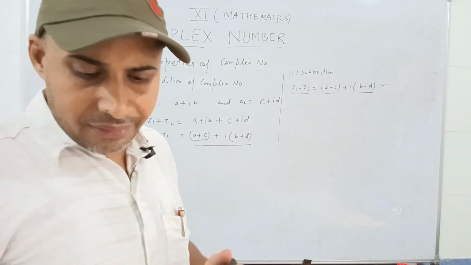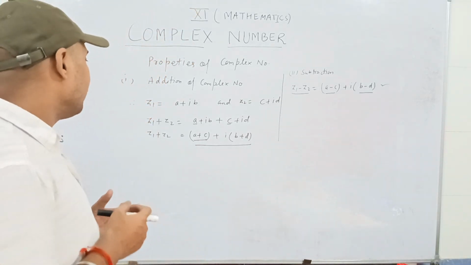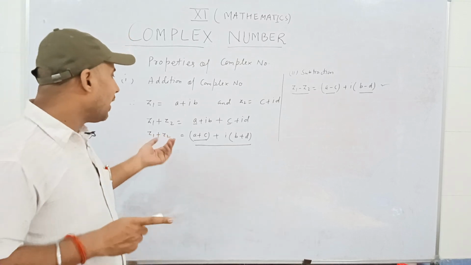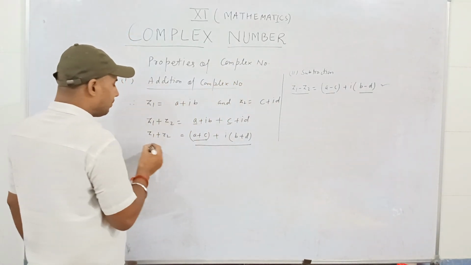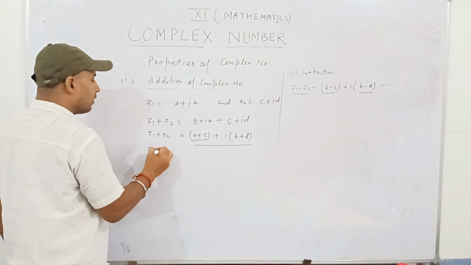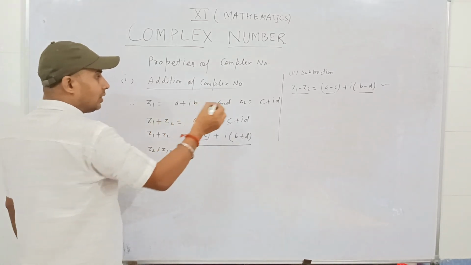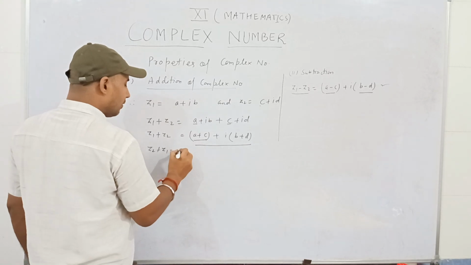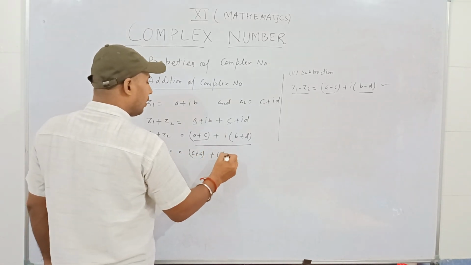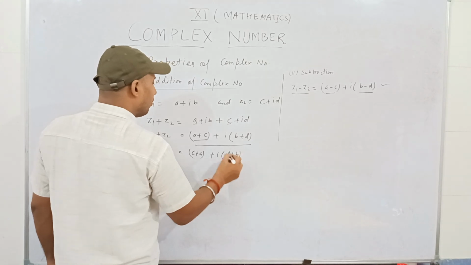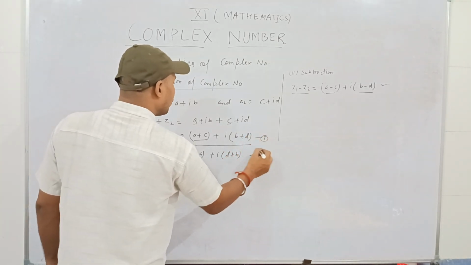So here we can see more. In these properties, we can also see, if we are adding Z2 plus Z1, what is the value? It means c plus a, i times d plus b. Both are the same. This is equation 1, this is equation 2.